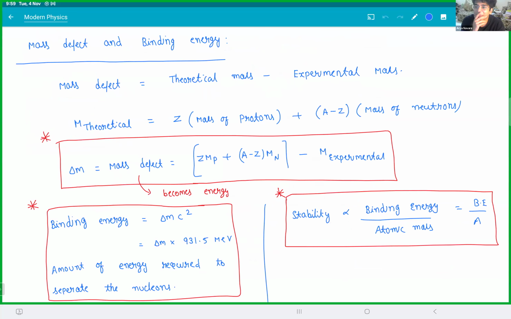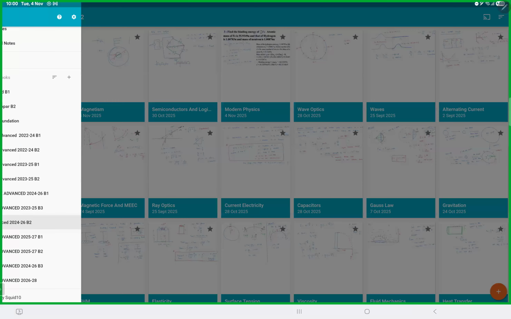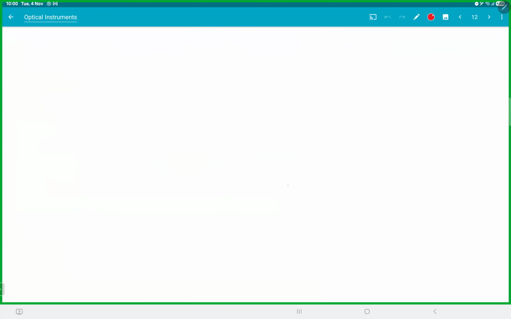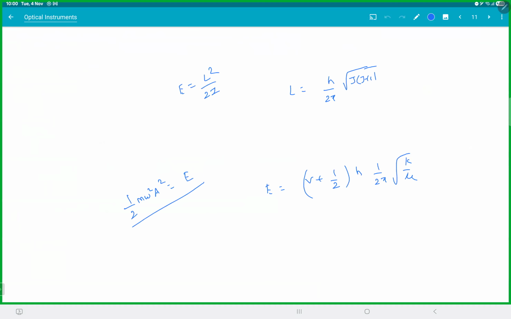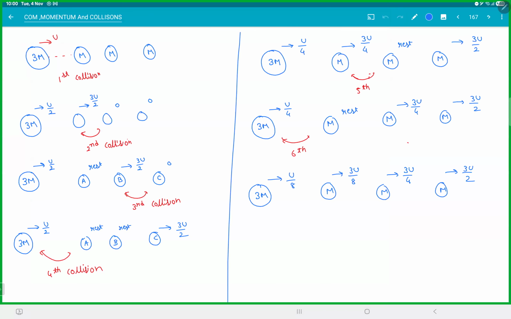It's mostly physical chemistry where the calculation helps. It will give numbers here like 26 into 1.00783, 1.00869, 55.93493. 5 decimals numbers you have to calculate, you can't approximate this. There is an advanced paragraph on this, so your seniors became very happy like, oh, we can use calci for this. Then next day says there is a typo error, we are sorry. Anyway, they're all scared now.